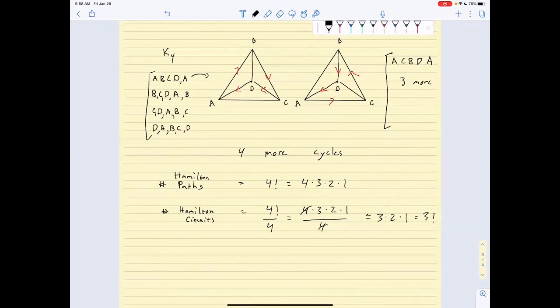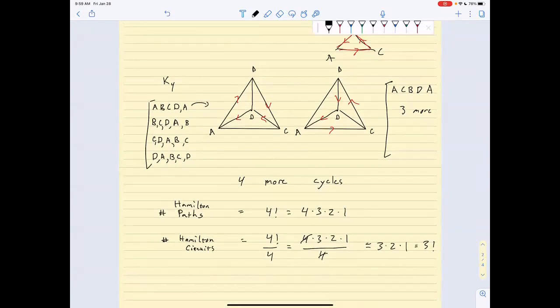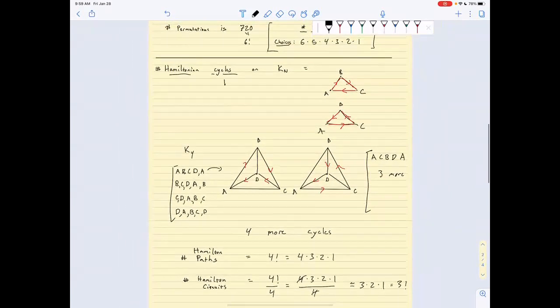In other words, this procedure works for K5, K6, K7, and gives us an answer, n minus 1 factorial. Good?